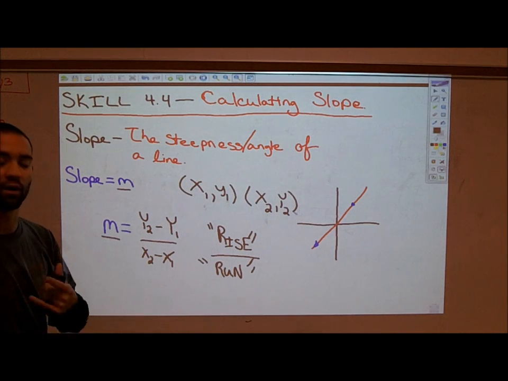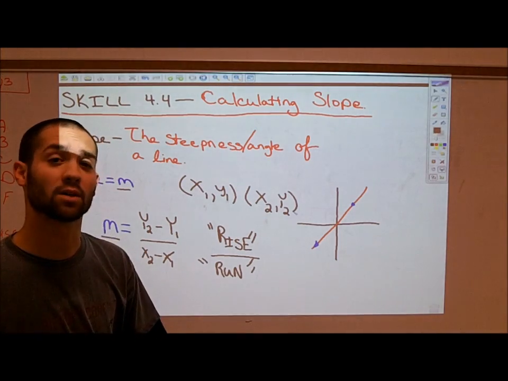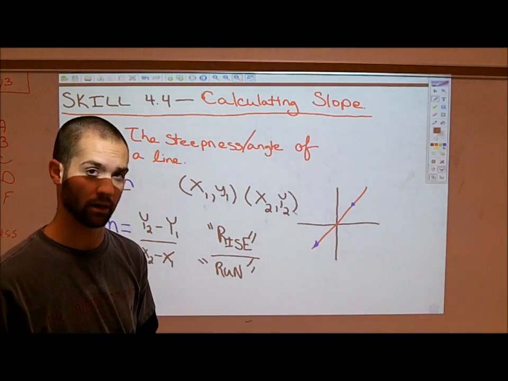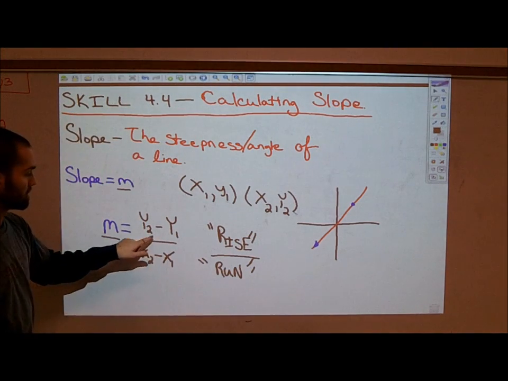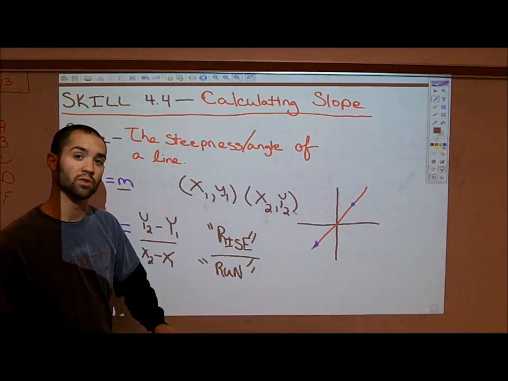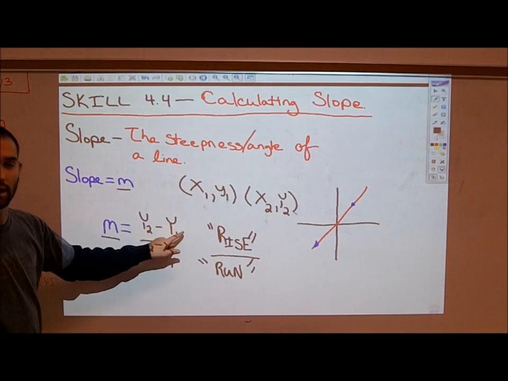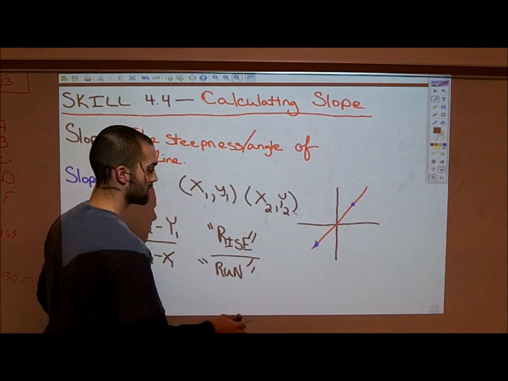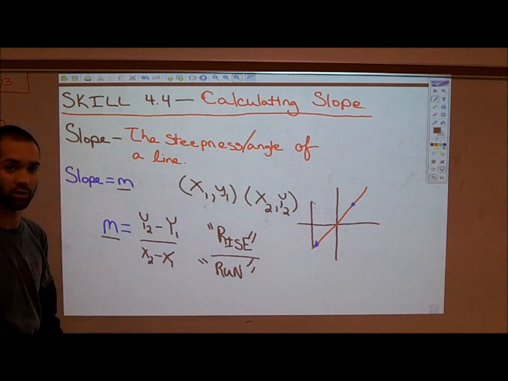And a phrase that you're going to hear a lot is that slope is rise over run. Notice how it's similar to this equation right here. Think about it. Which variable is rising, going up and down? The y values go up and down, so it's rising in that direction.